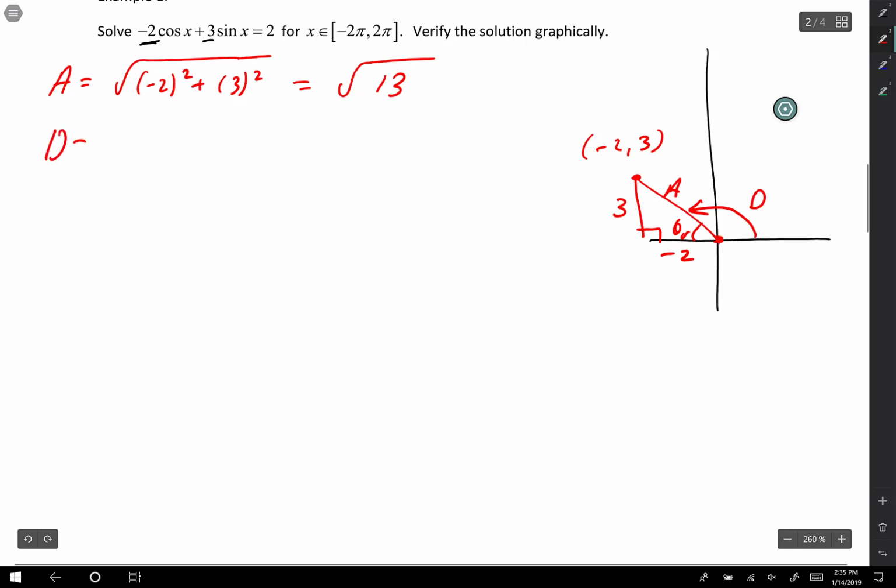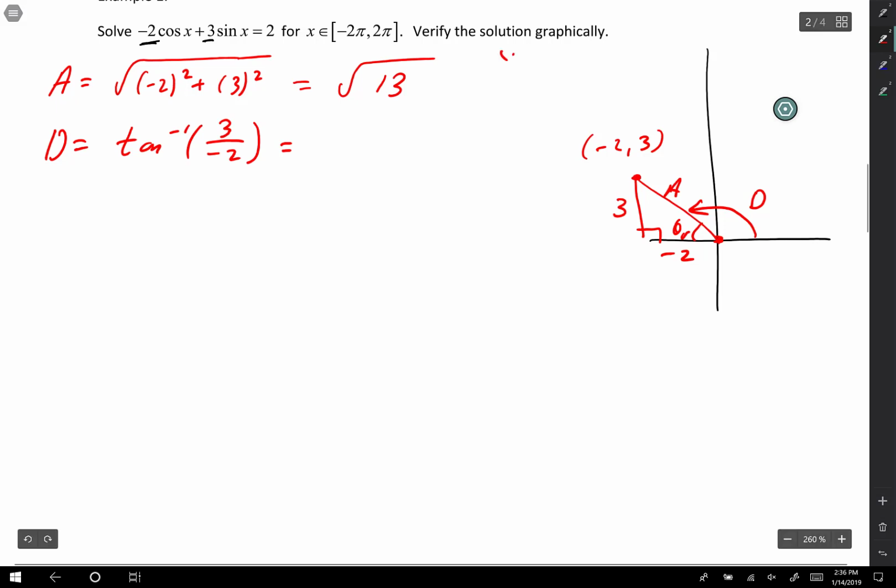Angle D, arctan of 3 divided by -2. And remember, the calculator is stupid. Are we in degree mode? No, we're in radian mode. Arctan D. That's the angle that I want.